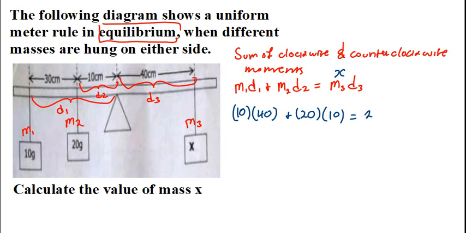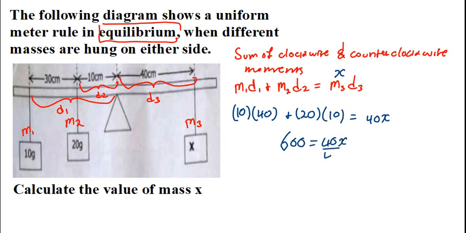So I'll just write 40x right here. Now it's just a matter of doing the math. 40 times 10, I get 400, plus 20 times 10, which is 200, so 400 plus 200 I get 600. So I get 600 equals 40x.